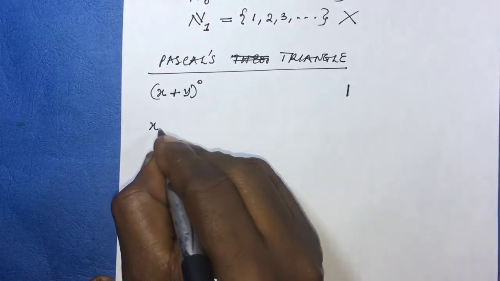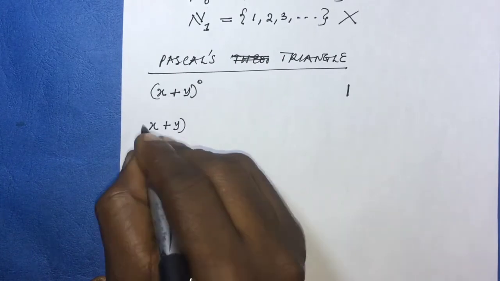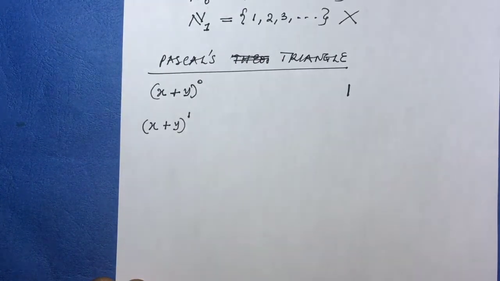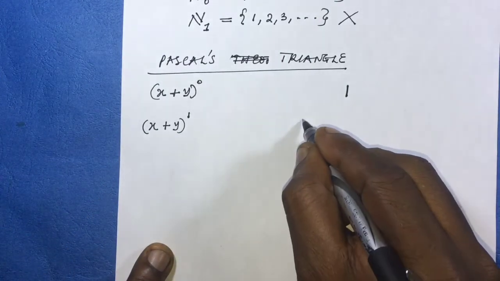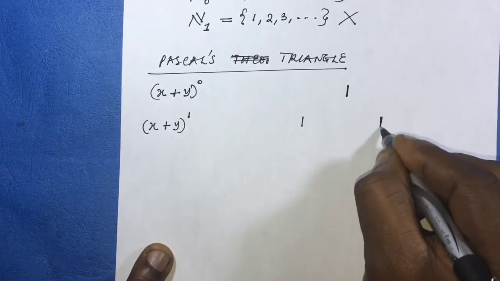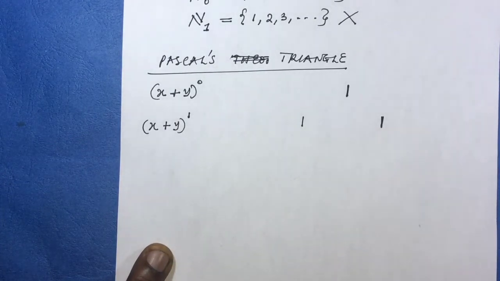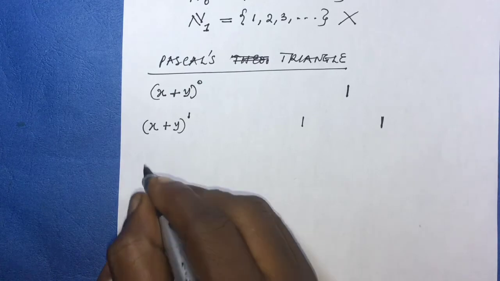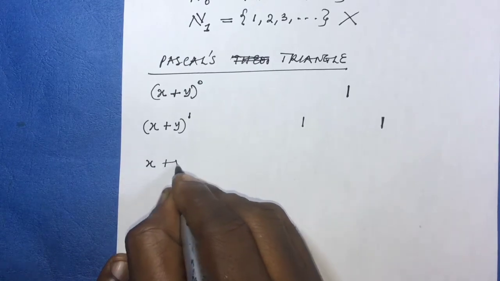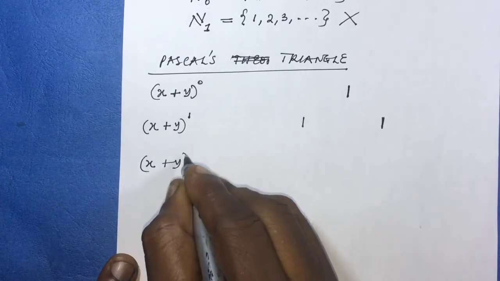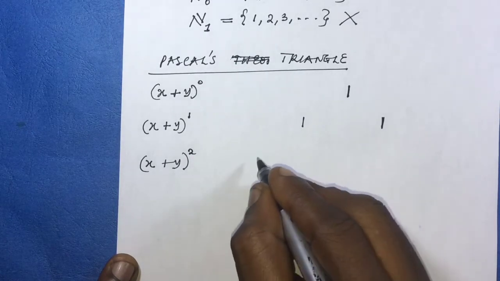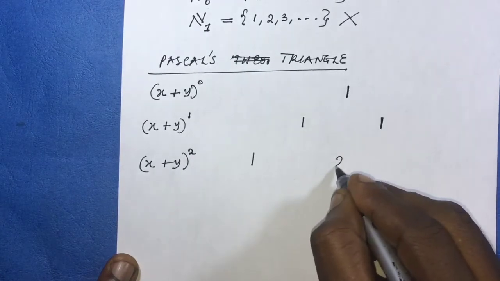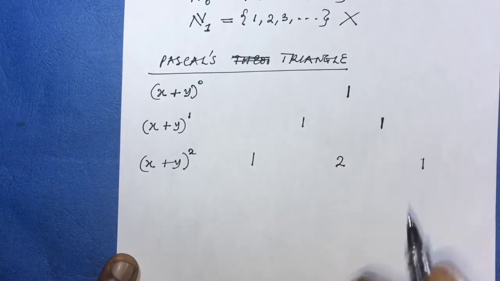If you move over to x plus y raised to power 1, according to Pascal's triangle, the expansion of this would have 2 terms having coefficients 1 and 1. If you move over to the expansion of x plus y raised to power 2, according to Pascal's triangle, you would have 1, 2, and 1.